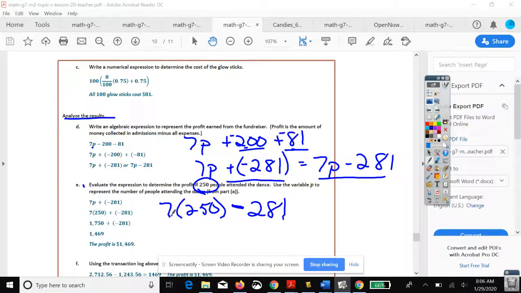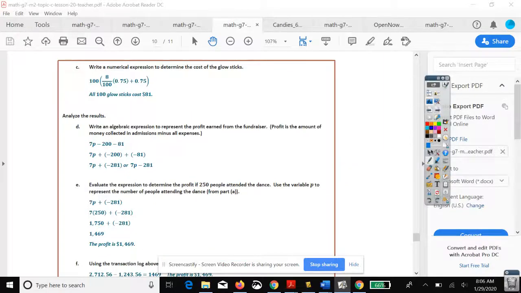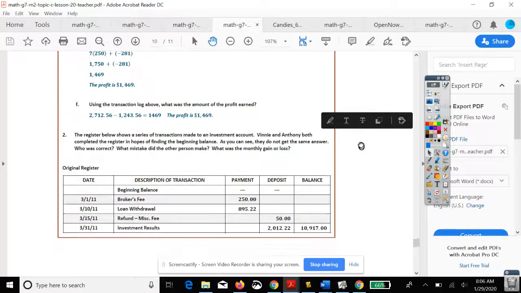So multiplication comes first. So 7 times 250 is 1,750, minus 281 is $1,469. So that would be the profit. You see they wrote it as a sentence because word problems need word answers. I'm going to keep going till my 15 minutes runs out.